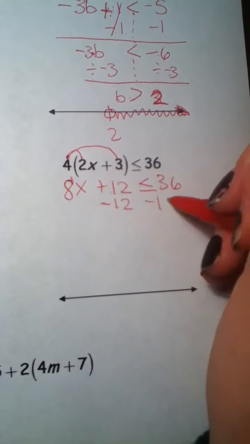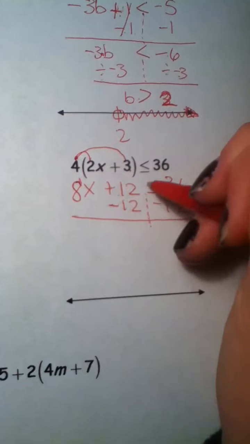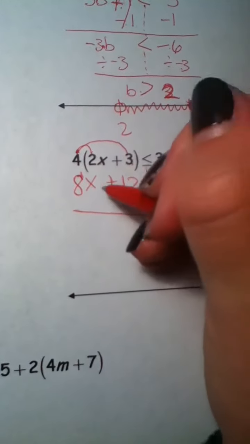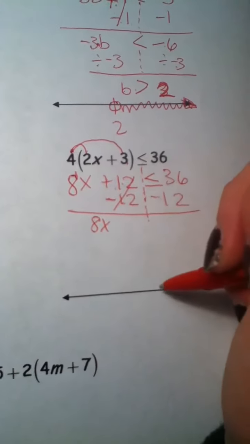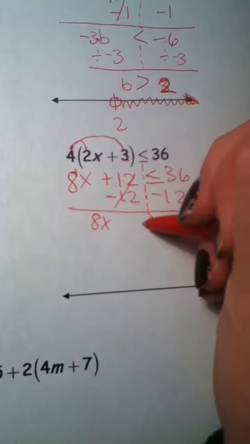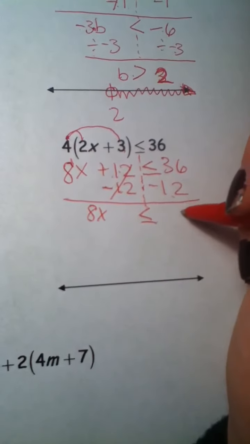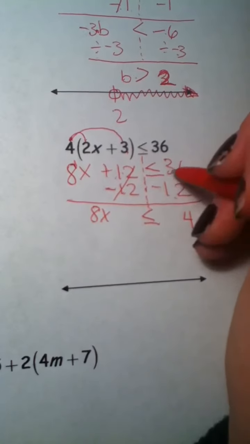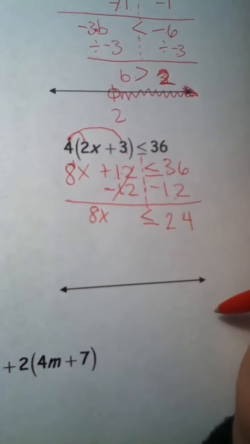Subtract 12 from both sides if you want to draw that dividing. Okay. We're left with 8x on this side. Positive 12 and negative 12 is 0, so I'm not going to write anything. Carry down my sign. 36 minus 12. We get 24.